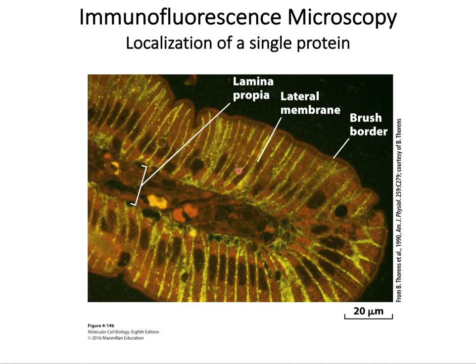Indirect immunofluorescence microscopy shows this yellow GLUT2, a glucose transporter protein, in the basal, right here, and the lateral surface of the intestinal cell, but they're absent from the brush border of closely packed microvilli on the apical surface of the cells, which is facing this intestinal lumen. And this is a reddish autofluorescence of the background to give it a nice contrast.